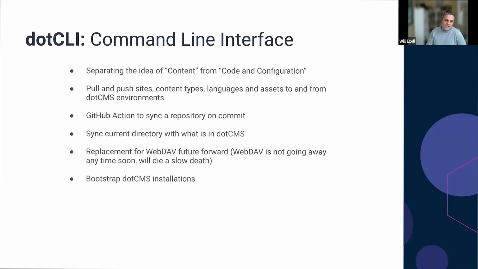But the CLI is intended to manage your code and configuration of your dotCMS, things like content types, languages, assets, VTL files, templates, all that kind of thing, stuff that you want to have in source control outside of dotCMS. And we see the CLI as a replacement for the WebDAV protocol future forward.